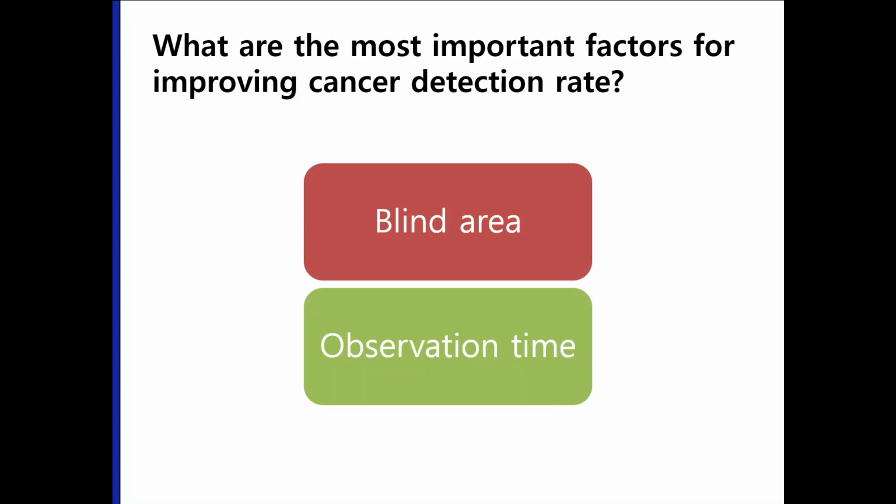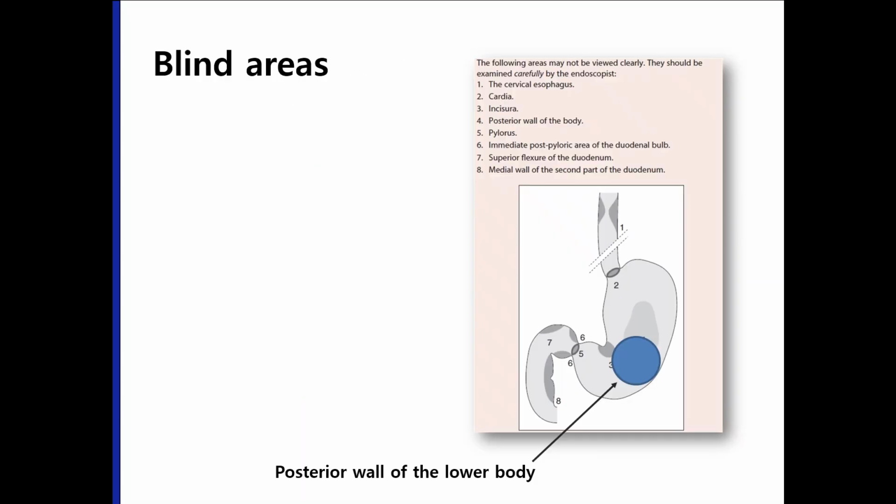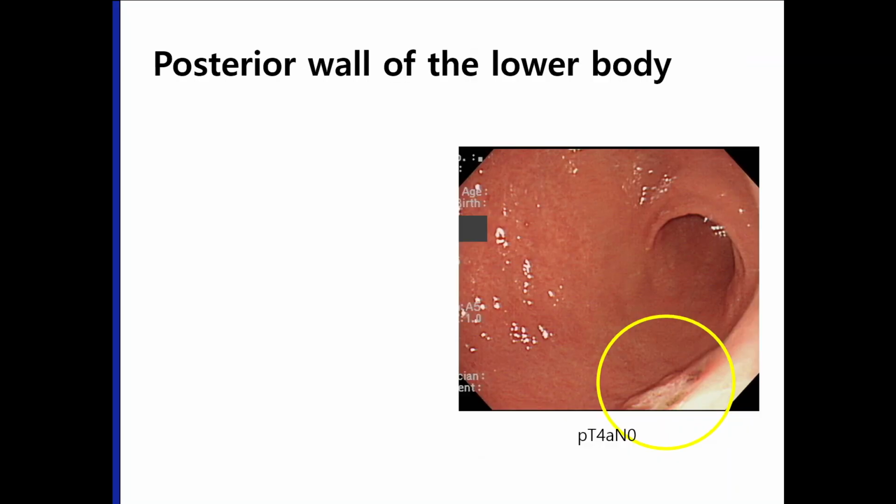Among many blind areas, I think the posterior wall of the lower body is the most important area. An advanced gastric cancer was found in the posterior wall of the lower body. When I reviewed the previous endoscopy images, there was a small, suspicious mucosal irregularity exactly at the same area.